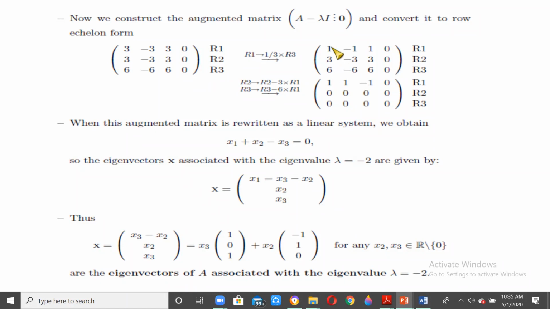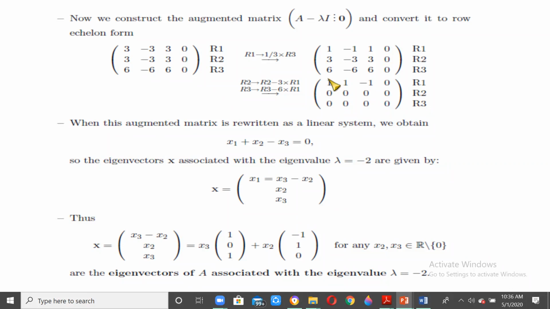Similarly, to subtract from R3, 6 into R1, then again you are going to get zeros.